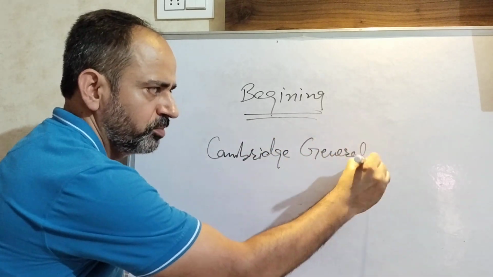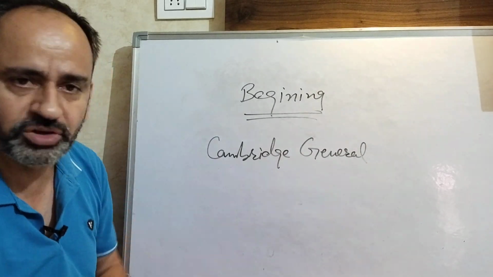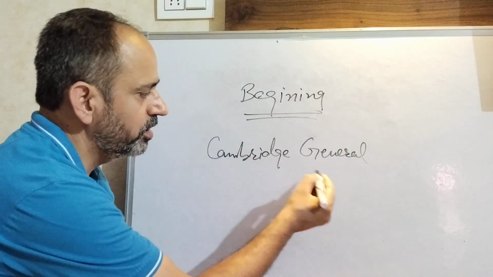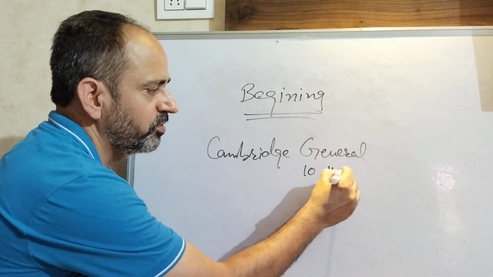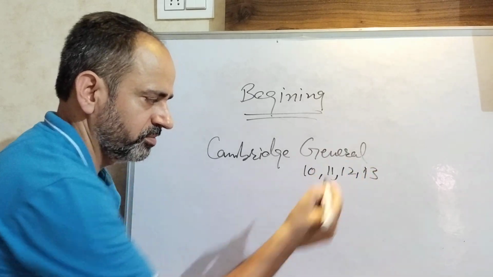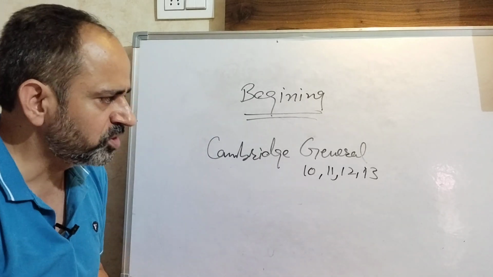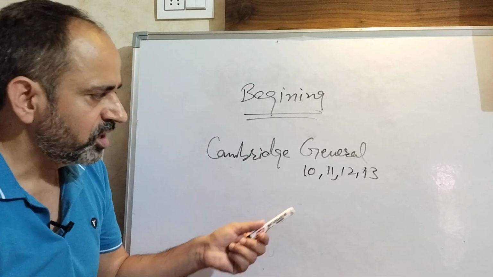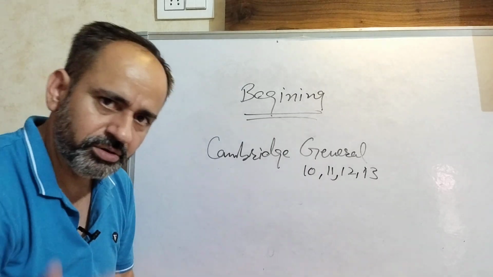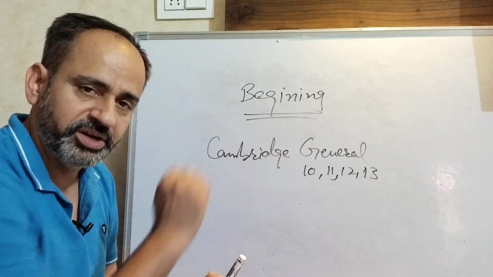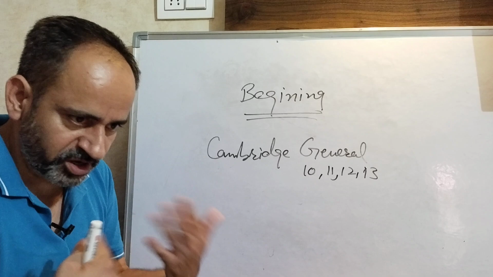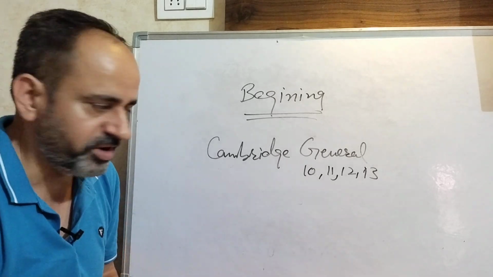Although you are an academic student, you should start your reading from Cambridge General. And you can take any book here, number 10, 11, 12, 13, so many are there. 2 or 3 books you can buy from the market, not very expensive. In 200, 300 you will get these books. You should start your academic reading from general reading. This will help you to learn vocabulary and gain confidence.